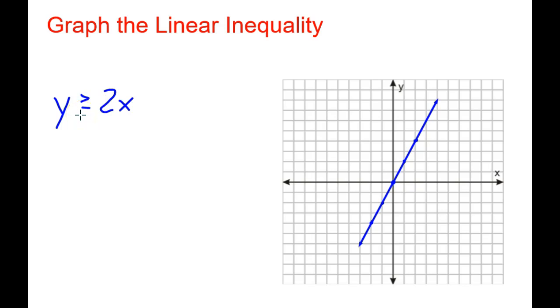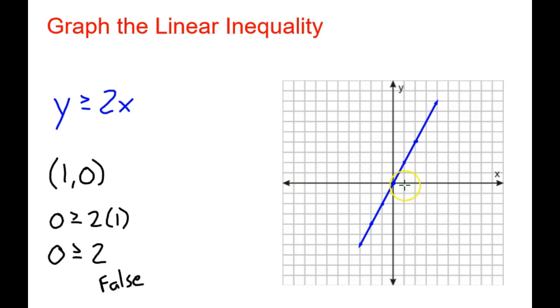Now we have to pick a test point to determine which side of the line we're going to shade. This time we cannot use the origin because our line goes through the origin itself. So we can pick any other ordered pair to plug in for x and y to see if our statement is true or not. I'm going to choose the ordered pair 1, 0, simply because those are easy numbers to plug in.